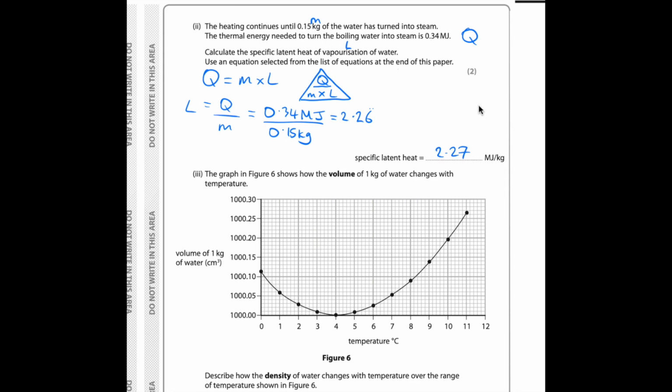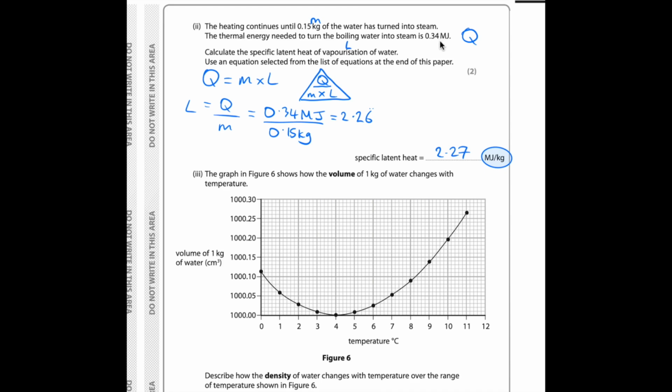Now watch what I show you here. Watch this tip. You know how you had to use an equation selected from the list of equations at the end of the paper? Well, if you sometimes look at the units, it'll actually tell you what to do with the numbers. That is megajoules per kilogram.